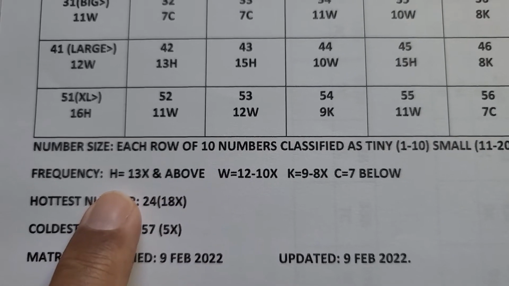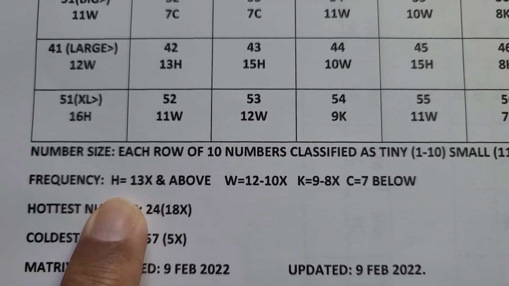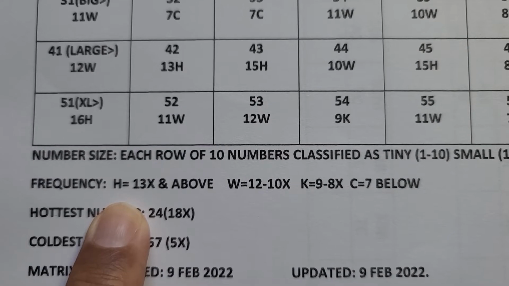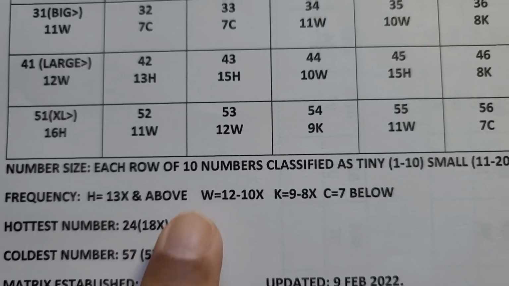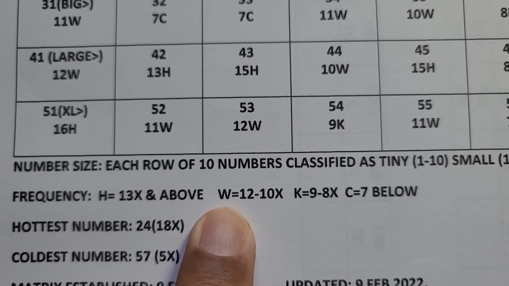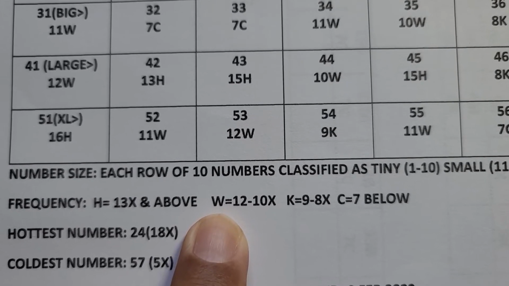The hot numbers are the most repeated numbers, and for this grid, hot numbers are numbers that showed up 13 or more times. The next, the W, represents the warm numbers, and these are numbers that showed up between 10 and 12 times.